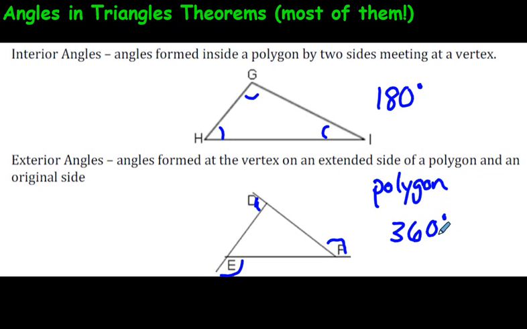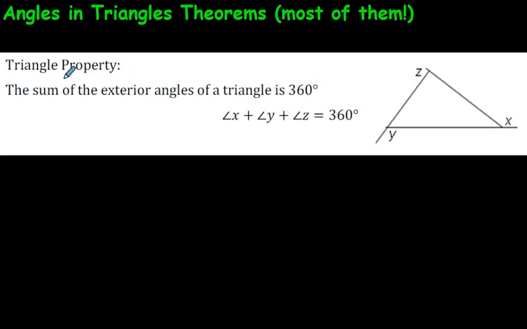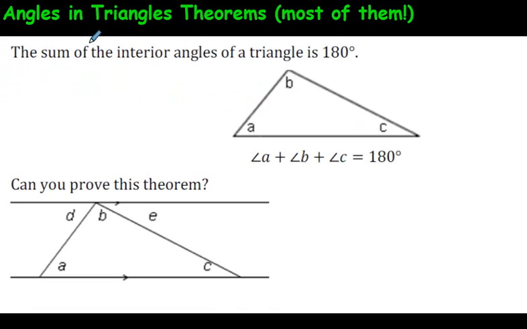I have another video on exterior angles specifically, in case you want more information on that. Okay, let's keep moving. So, here it is. The sum of the exterior angles of a triangle is 360 degrees. That's exactly what I just said. The interior angles of a triangle are 180 degrees. Again, I just said that.